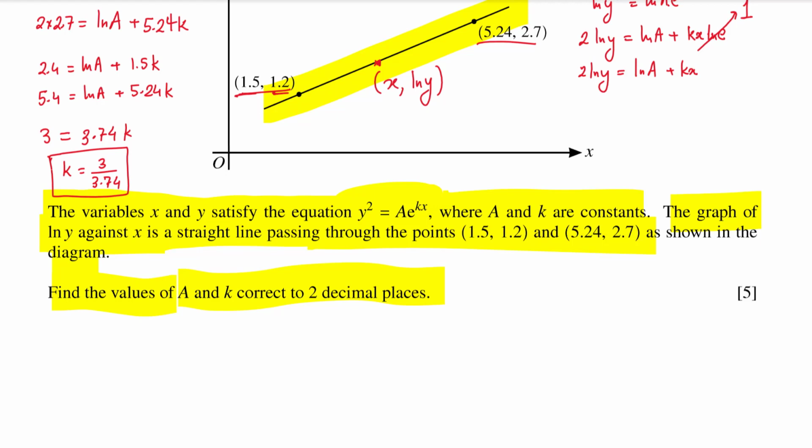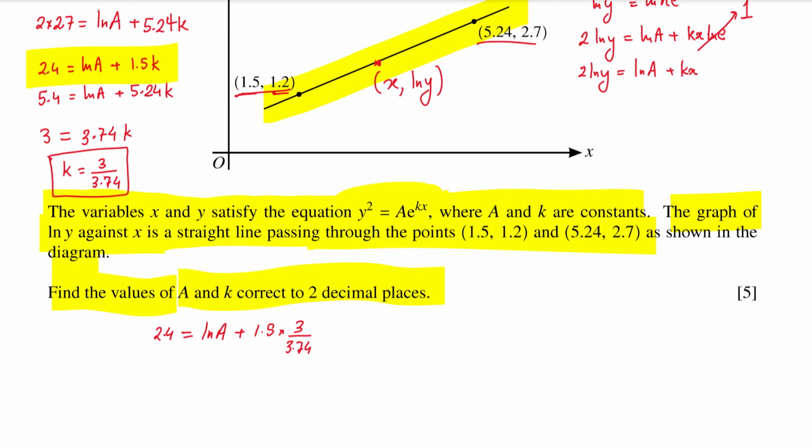But before that, I'm going to use this value in, let's say, the first equation. So it is going to be 2.4 equals ln a plus 1.5 into 3 over 3.74.